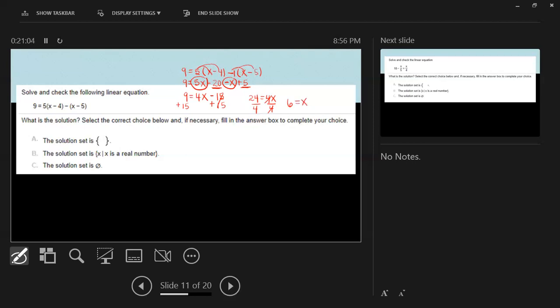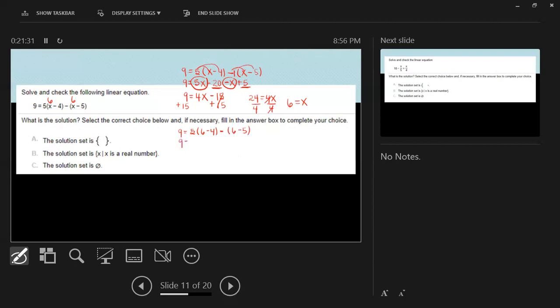Now, with that being said, I need to plug that back in to make sure that it works. So for x in the original equation, I'm going to plug 6 there, here, and here. All right, so this will be, I'm going to write it down here. 9 is equal to 5 times the quantity 6 subtract 4, subtract the quantity 6 subtract 5.